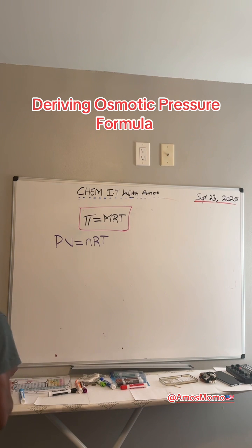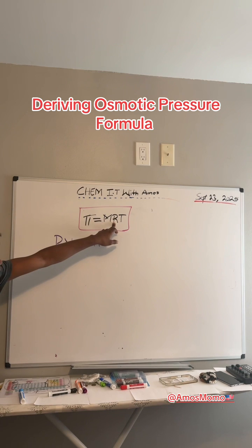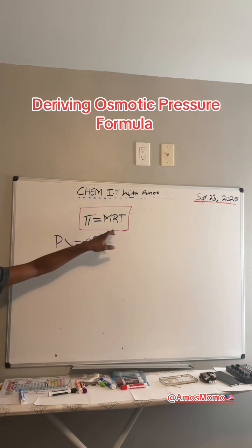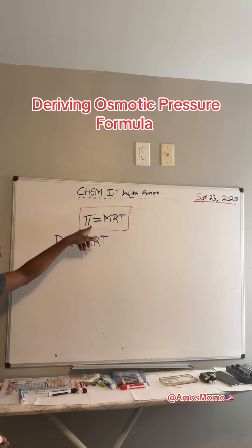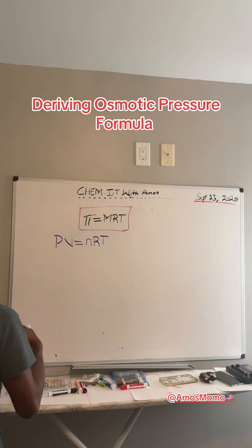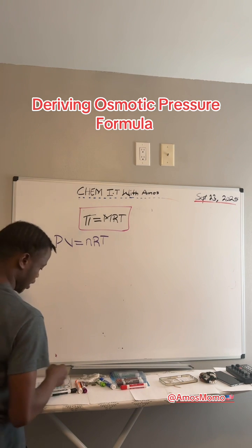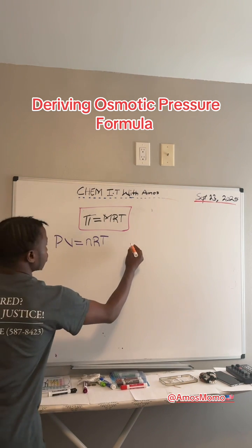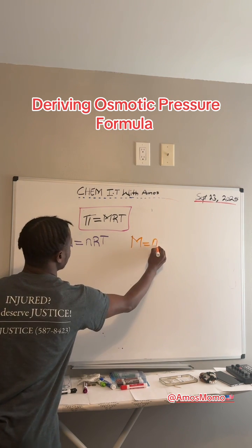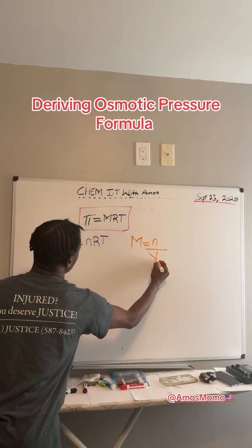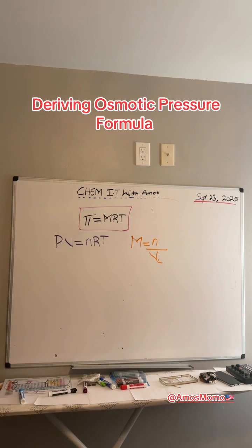Okay, so to derive this now, we have R on this side, and we have R right here. We have T and we have T right here. We have mole, but there is no mole here. So what comes to your mind? You know fully well the formula for molarity, which says that molarity, capital M, is equal to moles of the solute divided by the volume of the solution in liter.